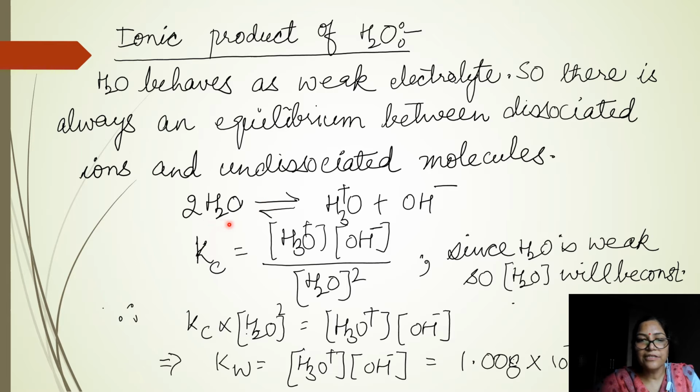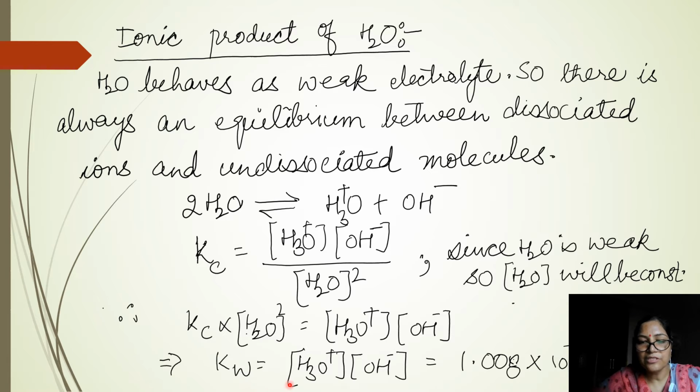So water can be written as hydronium ions and OH negative ions in equilibrium, and the equilibrium constant for this reaction is the concentration of products upon the concentration of reactants raised to power 2. Since water behaves as a weak electrolyte, its concentration in the solution will remain almost constant. So it can be cross multiplied with Kc to give the ionic product of water, Kw.